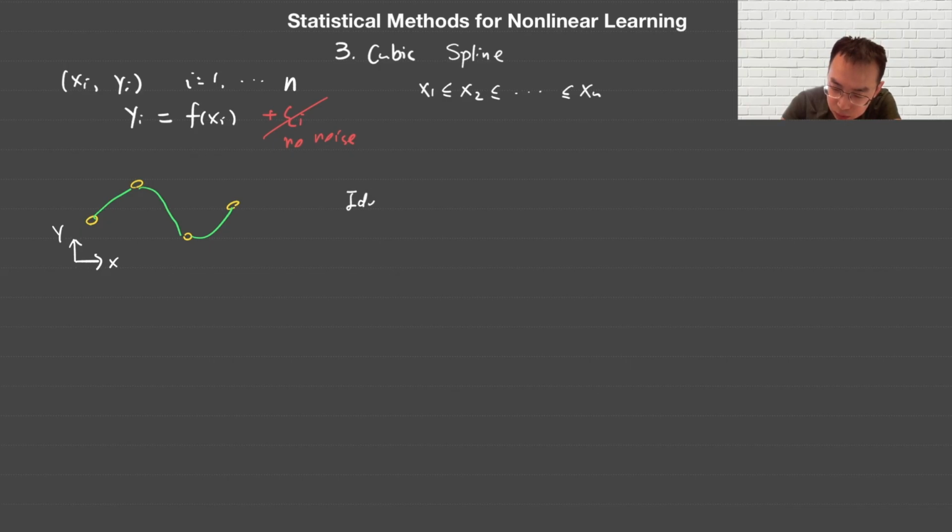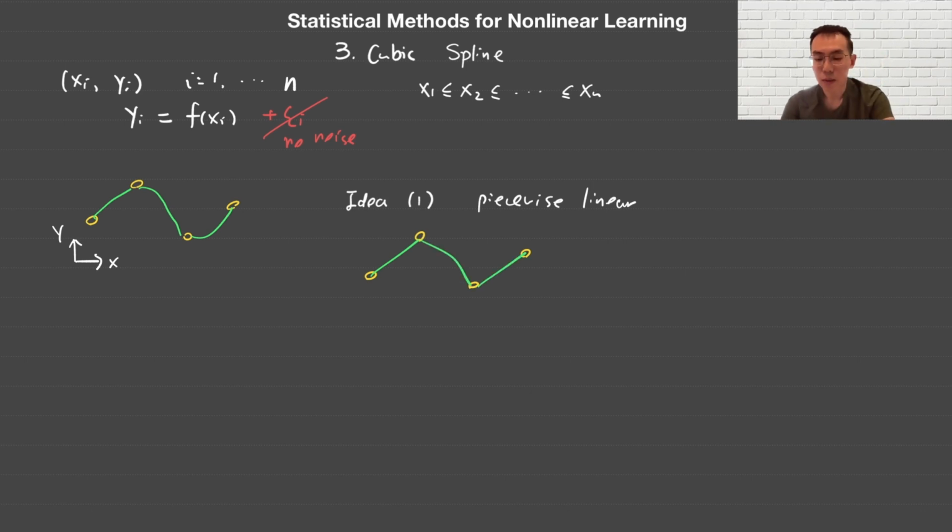So idea one is piecewise linear. Let's say here are our points, and then we just connect those with straight lines. But this is probably not a very good solution, right? Because the function is non-smooth.